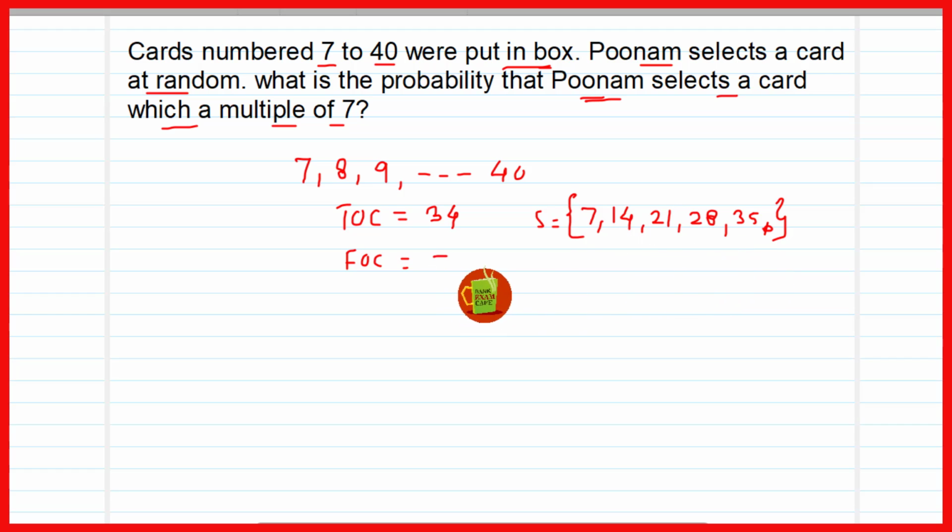So total favorable outcome will be 5, and therefore the probability of getting a multiple of 7 is favorable outcome, that is 5, upon total outcome, that is 34, and so the required probability is 5 by 34.